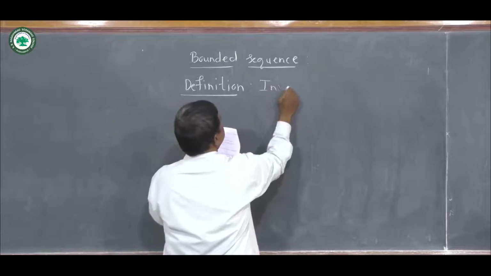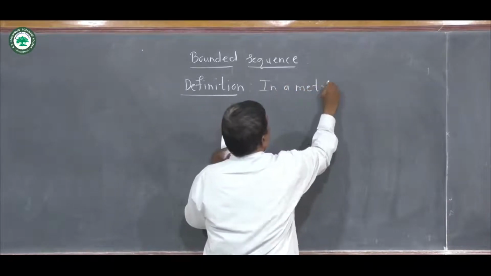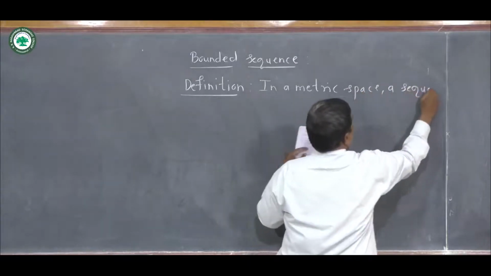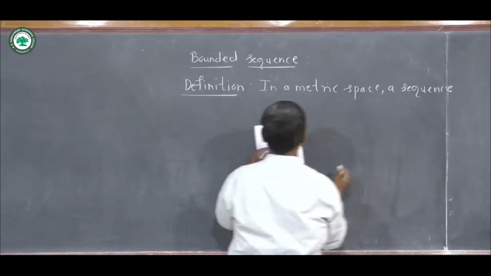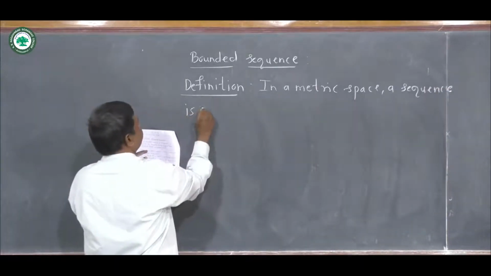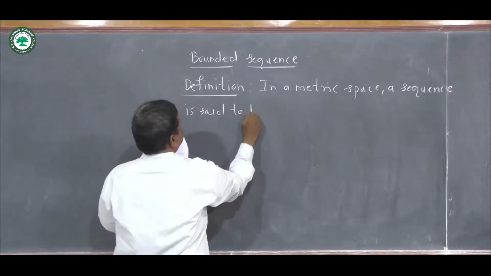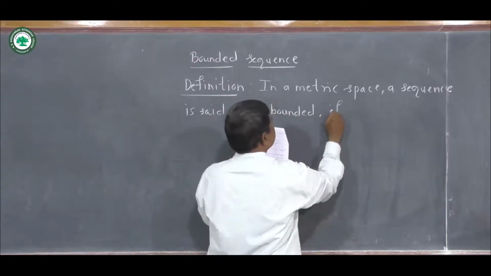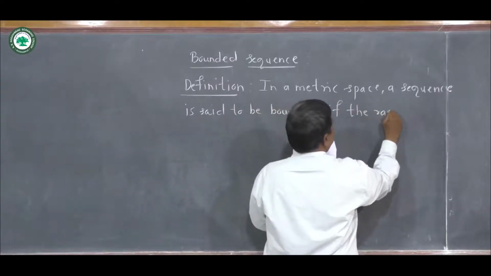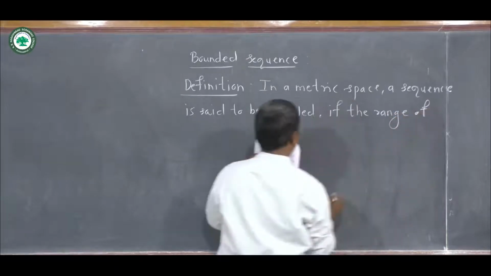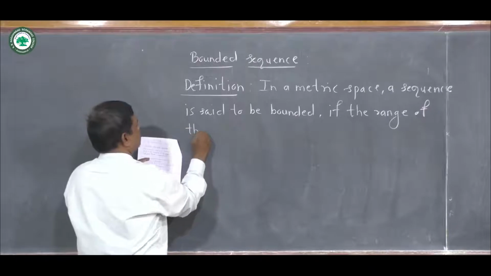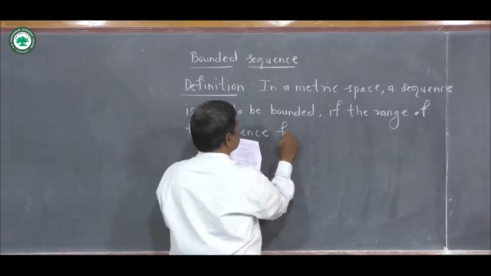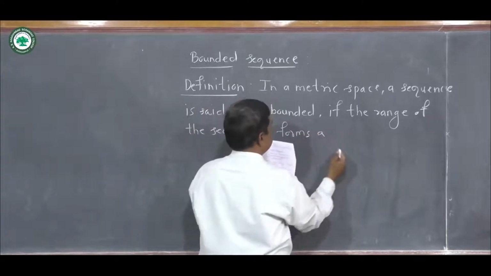So the definition is: in a metric space, a sequence is said to be bounded if the range of the sequence forms a bounded set.